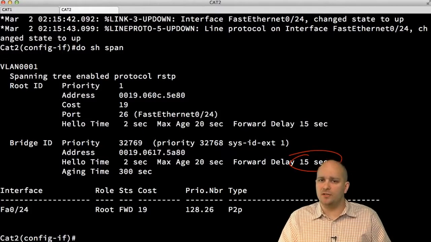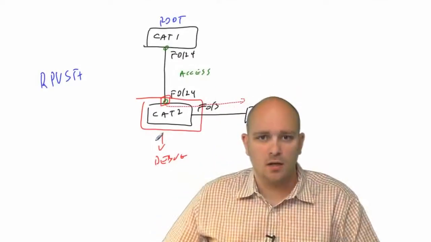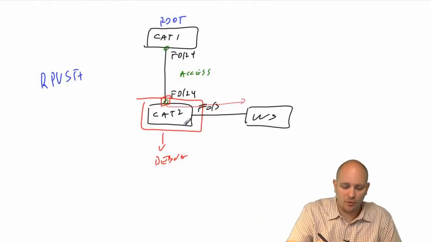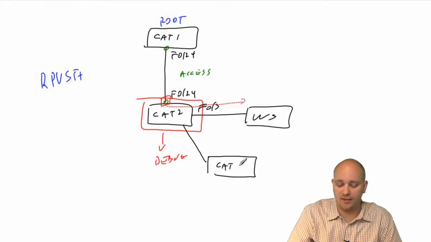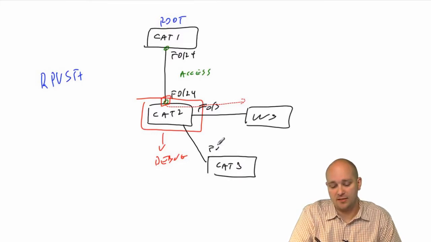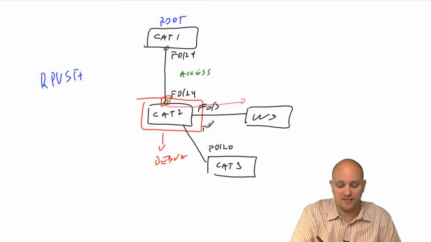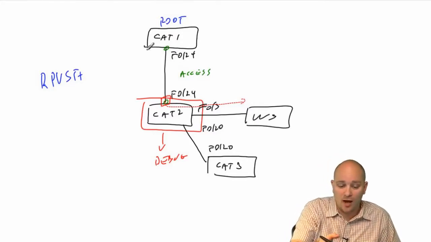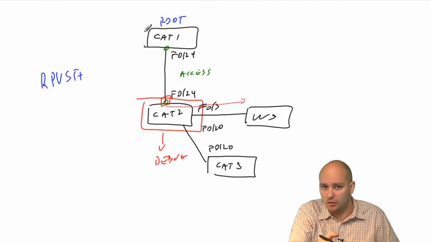What happens when we add the third switch? I'm going to add Cat3 to the mix here by connecting it directly to Cat2. And this is going to be connected on FastEthernet 0/20 on both sides. I'm not going to change any configuration that pertains to root election, so our Cat1 is going to remain the root here.